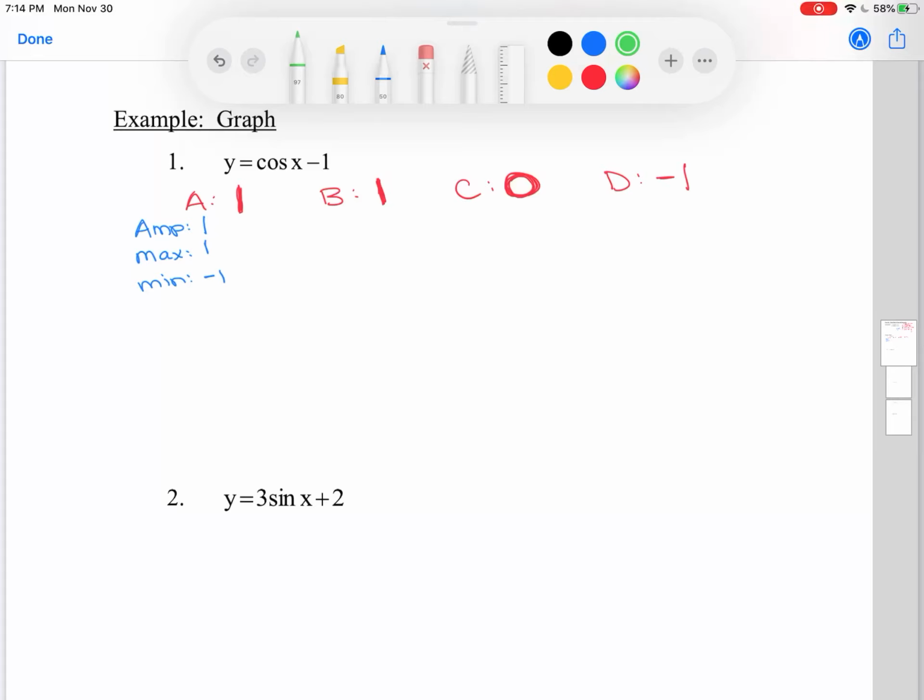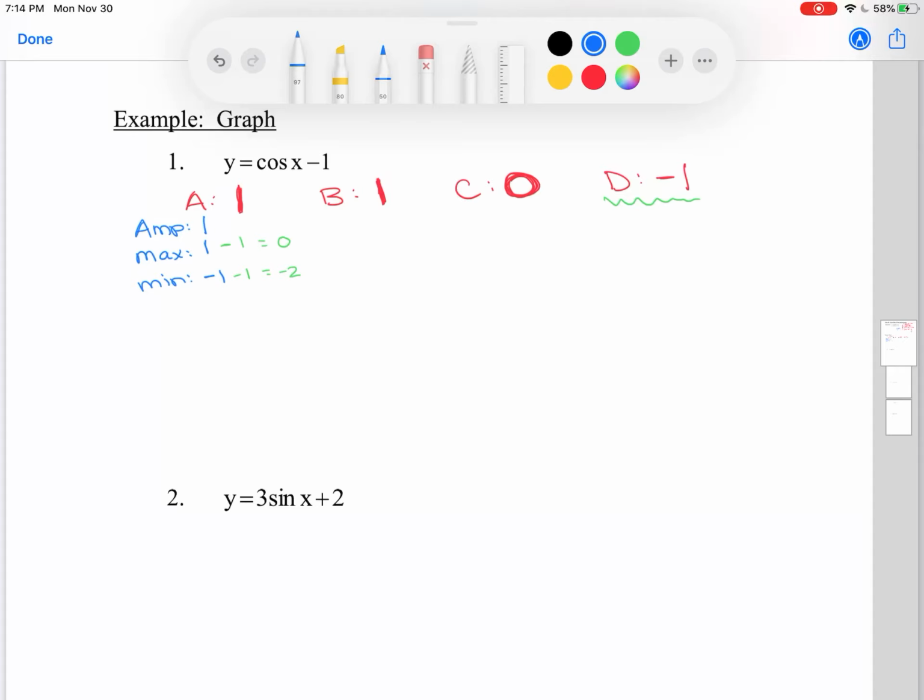Now we have to take our vertical shift exactly as it was, and subtract 1 from both our max and our min. So my new maximum is going to be 0, and my new minimum is going to be -2. We will see how that plays out in just a moment.